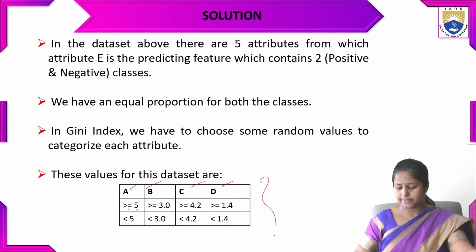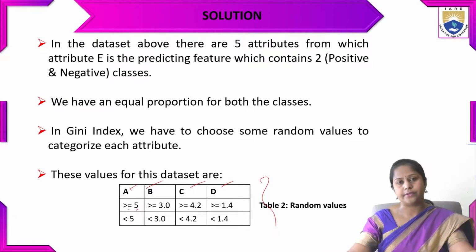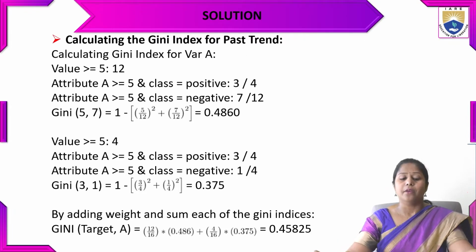One table has the random values for each of the features. Now we have to calculate the Gini index for each of the features. So for feature A, we have to calculate the Gini index corresponding to the class levels, positive and negative.